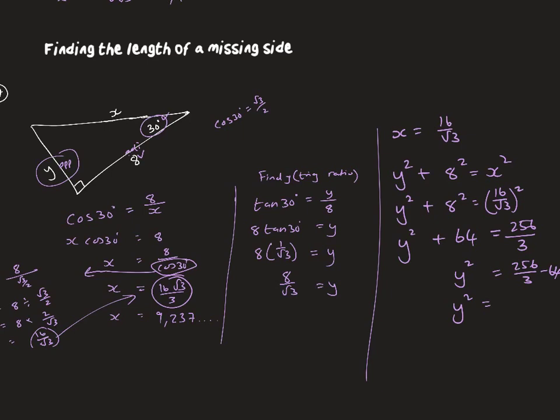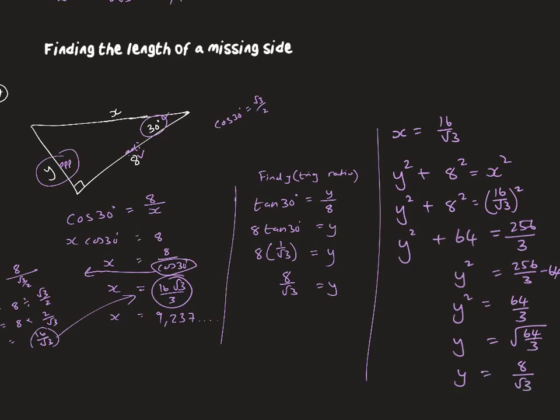So that is going to equal 64 over 3. Then you just square root both sides, so y equals the root of 64 over 3. If you simplify that, it is the root of 64, the numerator, which is 8, over root 3.